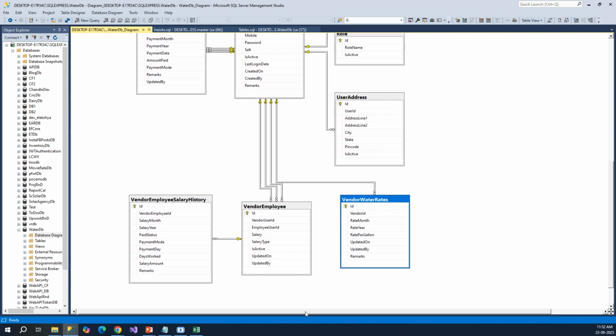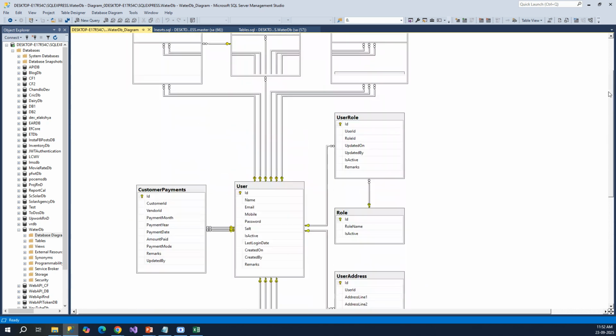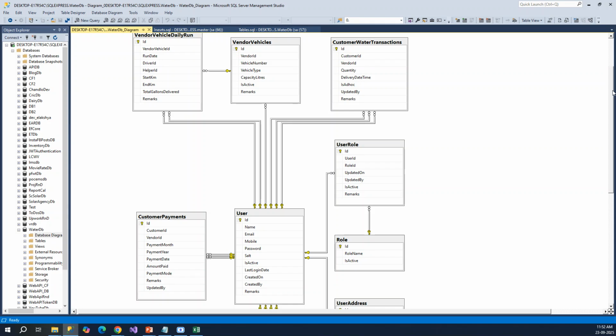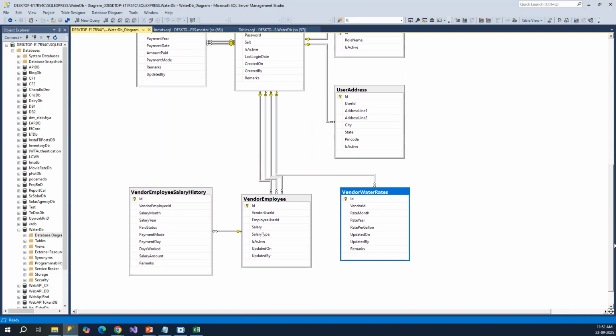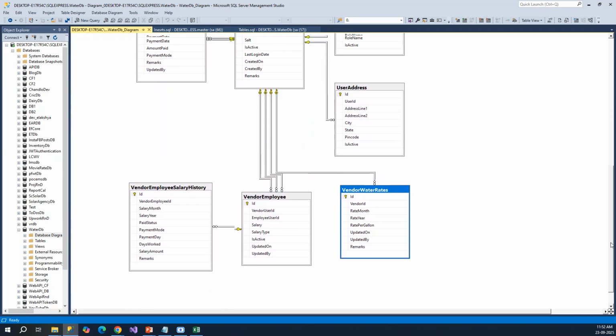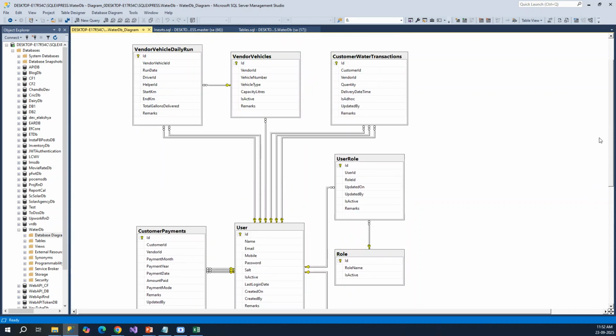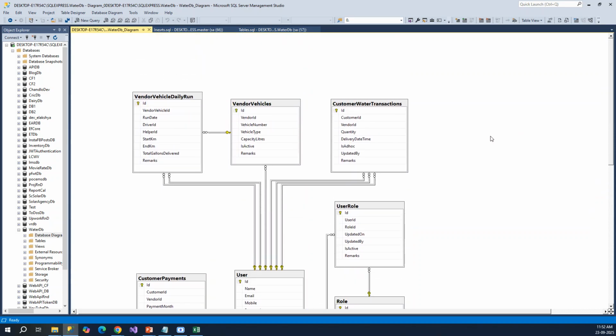And the thumb rule of database design says that once you create the tables and generate the diagram, there should not be any independent table, right. So if you see this diagram, every table is connected with one or the other table. There is no independent table, right. And what do independent tables mean?